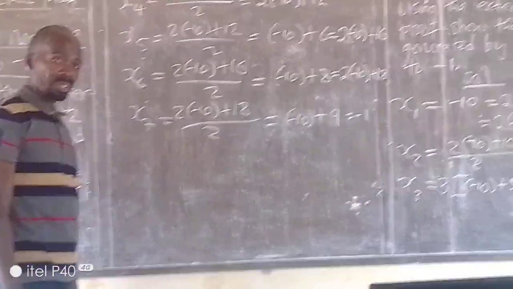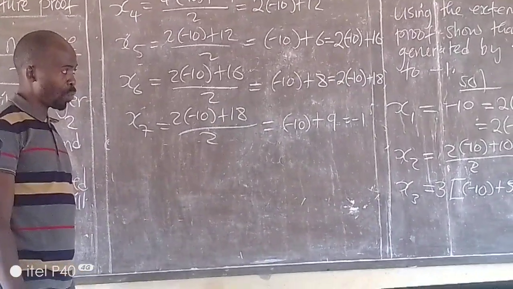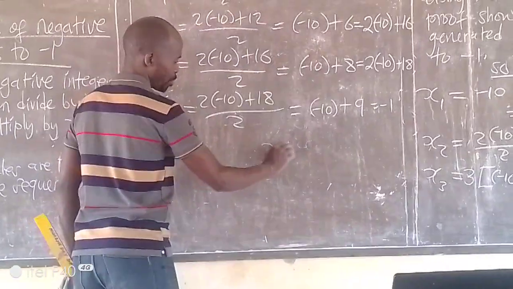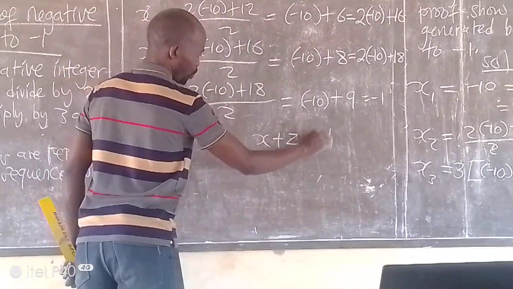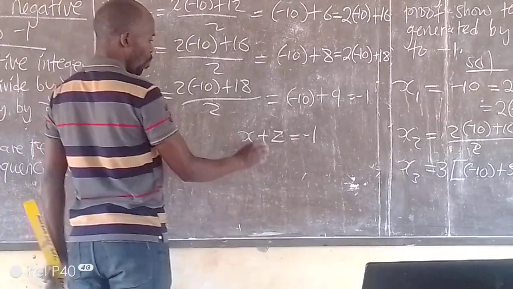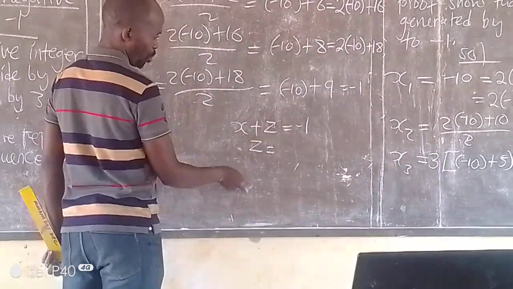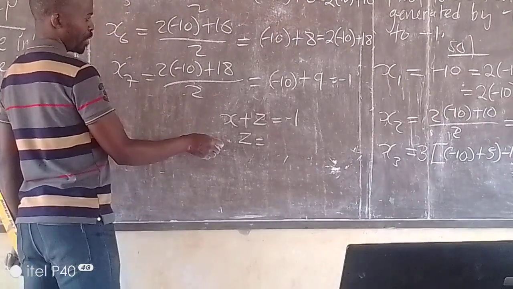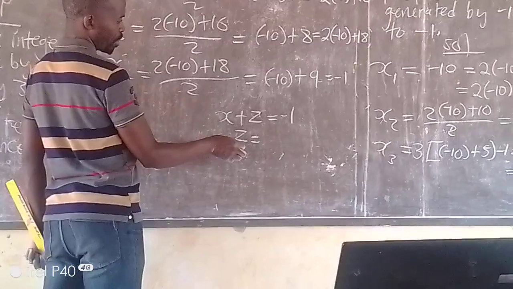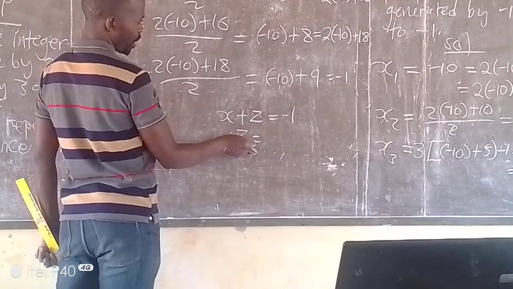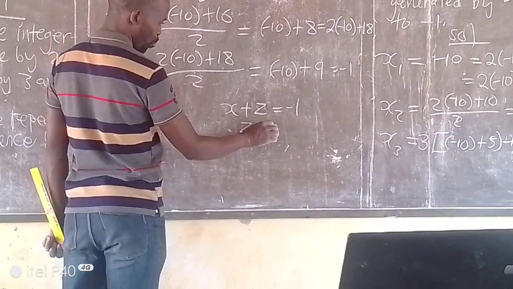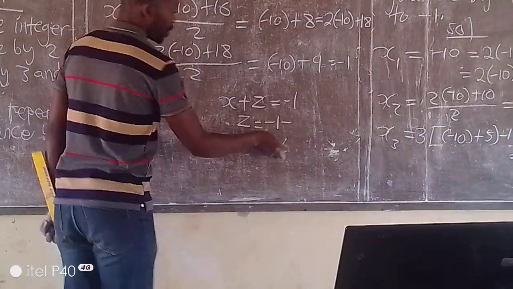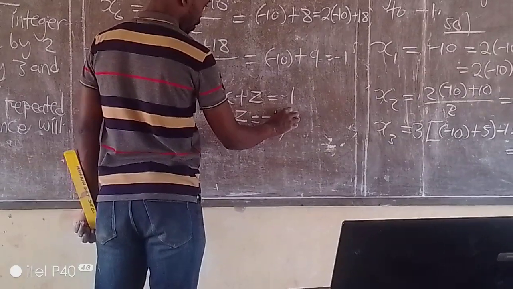Now, one interesting thing is that the convergence of the negative integers occurs at x plus z equals negative 1, where our z is in fact equal to negative 1 minus x.